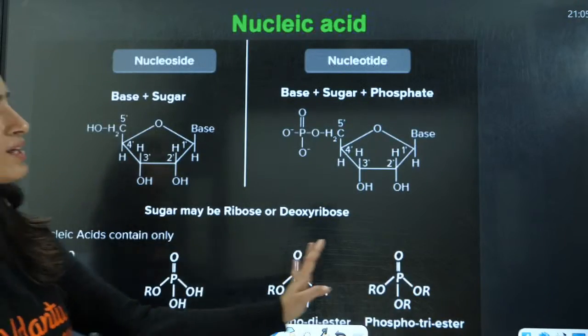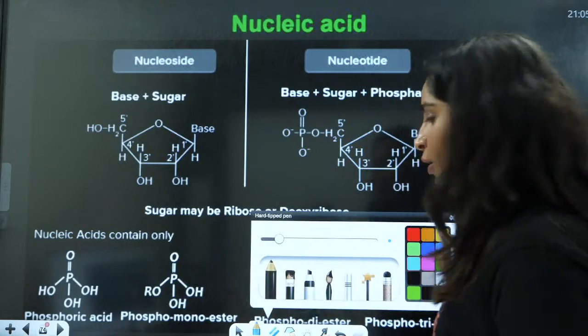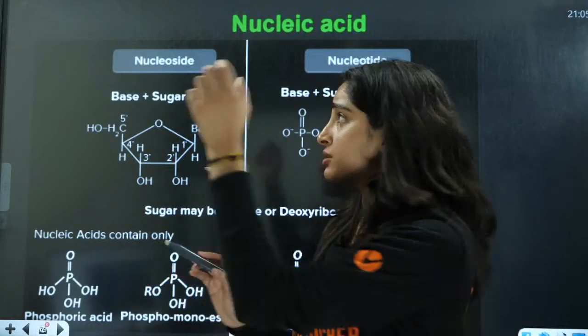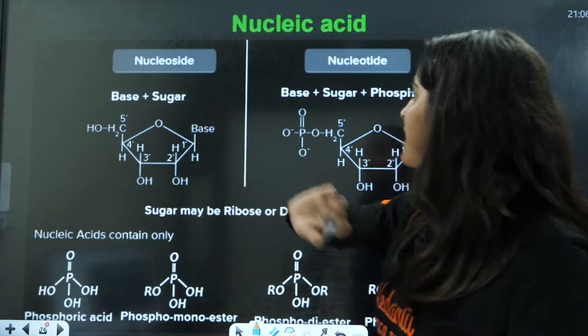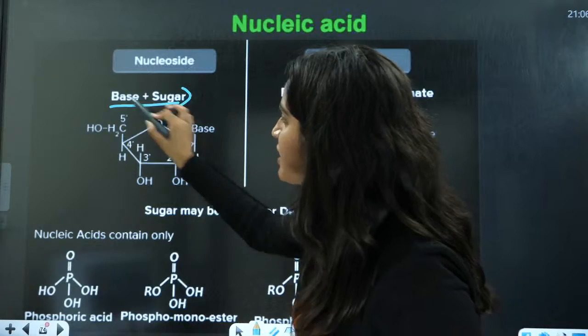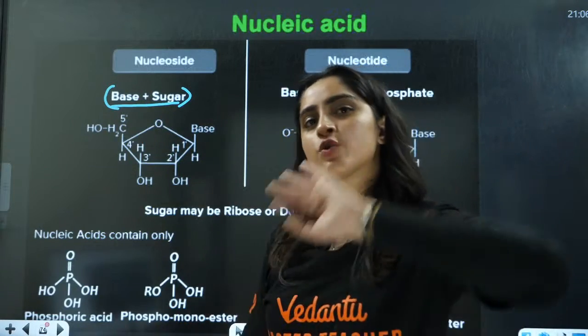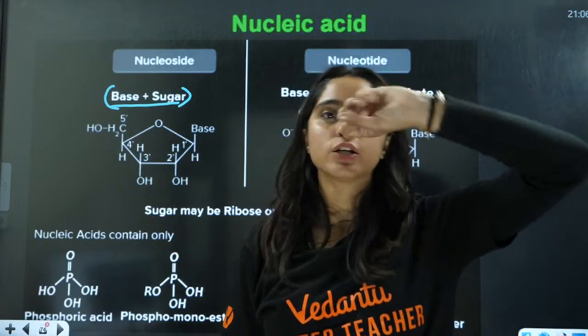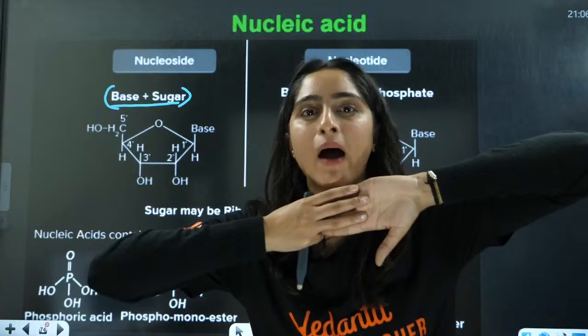Next is what is nucleotide and what is nucleoside. Now this difference is also important if you are preparing for board examination. This is asked so many times. So now nucleoside is when you have base plus sugar. That means you are just thinking about base and the sugar. Which base is there, which sugar is there. I told you there are 3 parts.